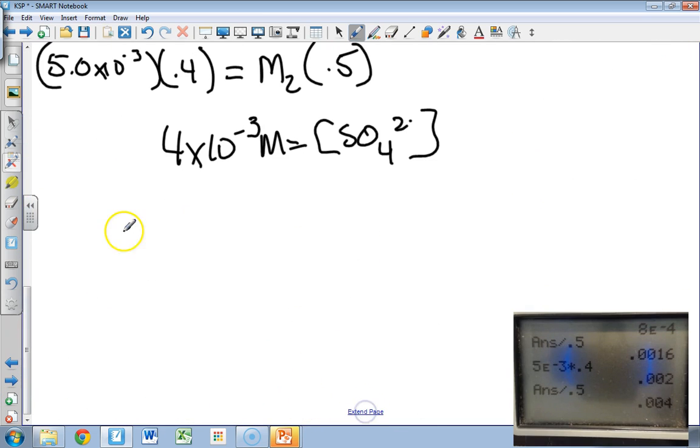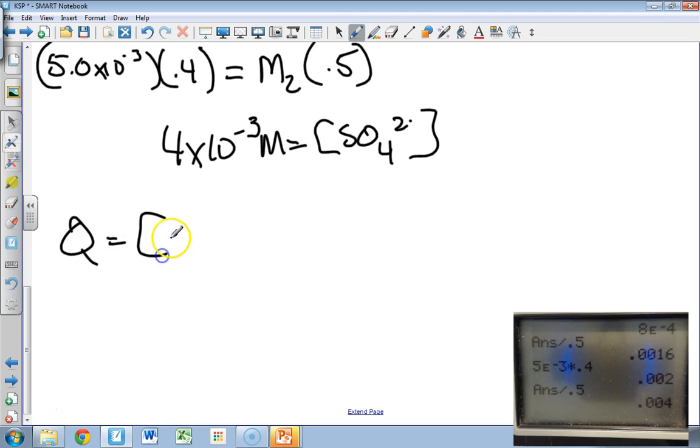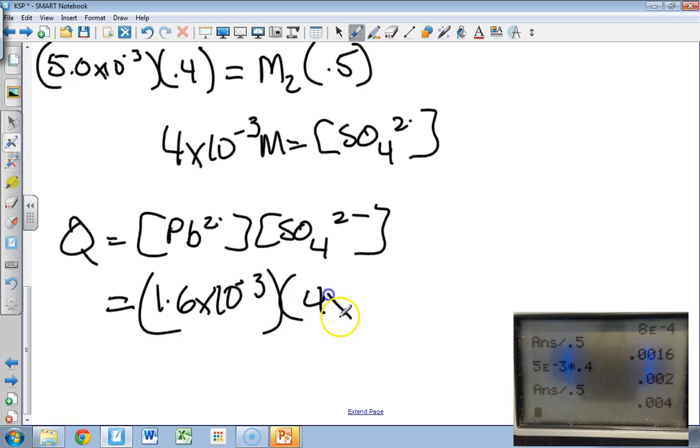Okay, so Q equals the concentration of lead times the concentration of sulfate. So that's going to be 1.6 times 10 to the minus 3 times sulfate, 4 times 10 to the minus 3.